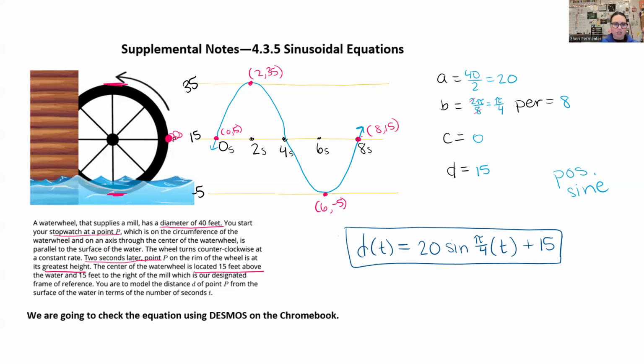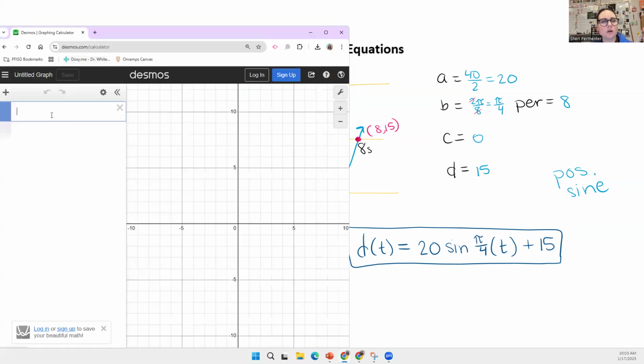So I'm going to show you how to check this in Desmos. We've got our equation, so we're going to write it into Desmos. When you type it in, you can use y and x. That's fine. Y equals 20 sine.